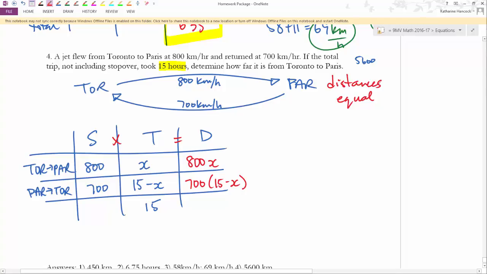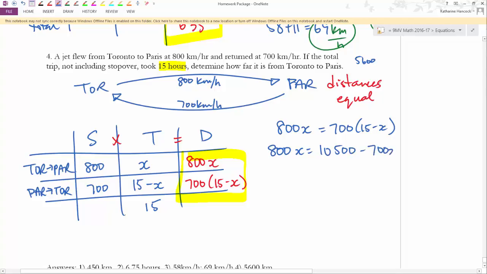So I'm going to have 800x here and 700 times 15 minus x for my two distances. Because we're going there and back, the distances are going to be equal, so I'm going to use that to get my equation. The distance from Toronto to Paris has to equal the distance from Paris to Toronto. If I distribute 700 times 15 equals 10,500 minus 700x.